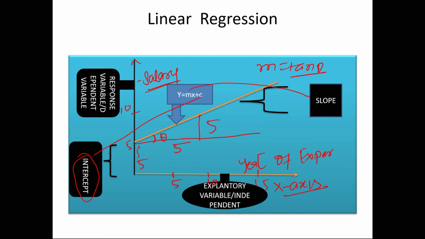This part is also 5. So here tan theta is perpendicular by base. The perpendicular is 5, the base is 5. So here tan theta is 1. So this is the concept of slope.